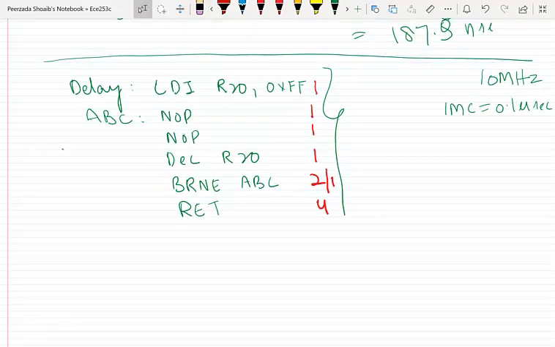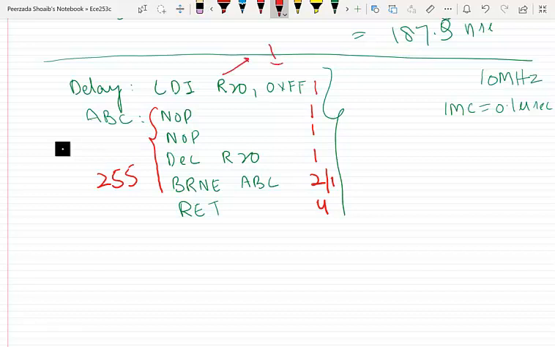So what will be the total time delay? These 4 instructions will run 255 times, because we have loaded 255 in LDI. The LDI will run only once, and the return will also run only once.